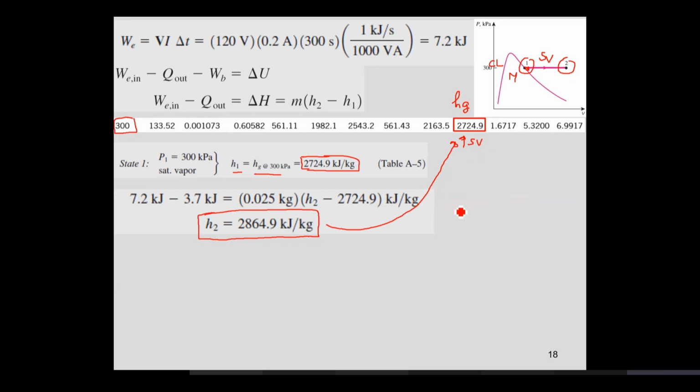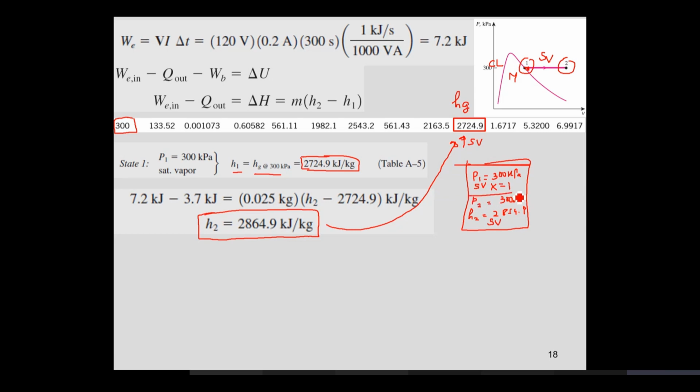Yes, sir. All right. So now if I write down the states for my system, at state 1, my pressure is 300 kilopascal and my state is saturated vapor, or X equals 1. And at state 2, my pressure is 300 kilopascal and my H2 value is 2864.9 kilojoules per kg, and I am in the superheated vapor region.